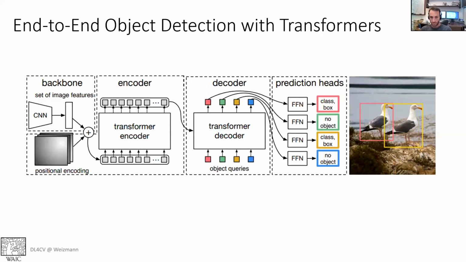Thank you. And what are object queries here? What are those that are passed to the decoder? Okay, what are object queries? So think about these object queries as if, this is not the actual way it was used, we want to locate a specific object in an image.